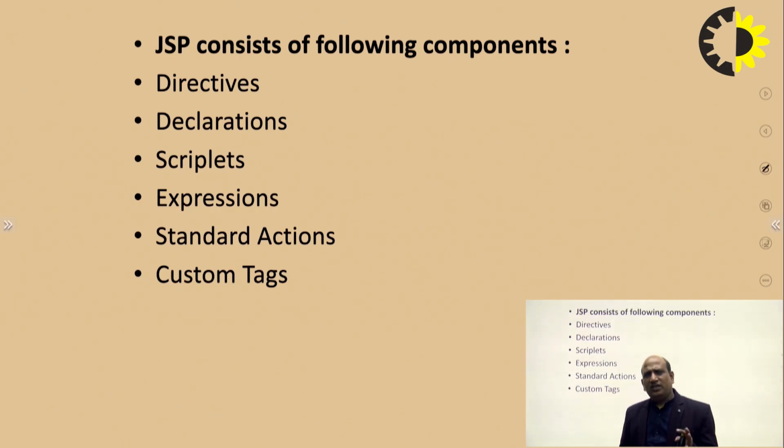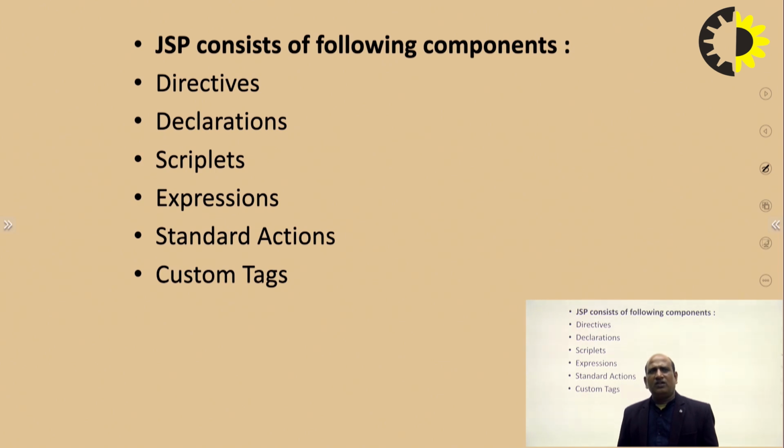JSP has the following components. In addition to these, there are some implicit objects that we will see later on. So JSP contains directive tags, then the declaration tag, scriptlet tag, expression tag, action tag, and some custom tags.